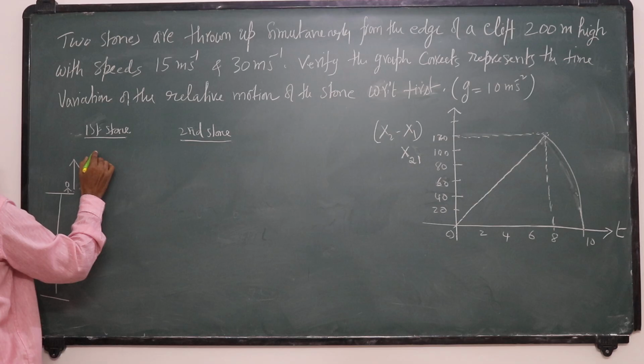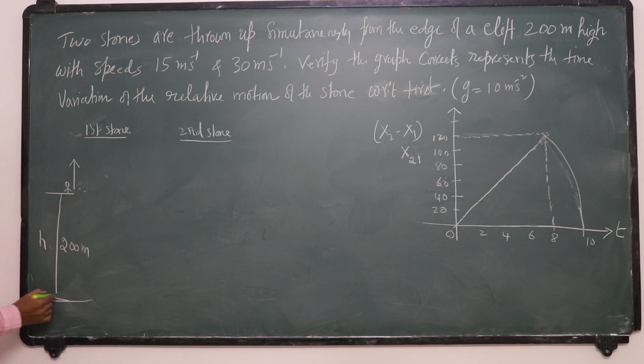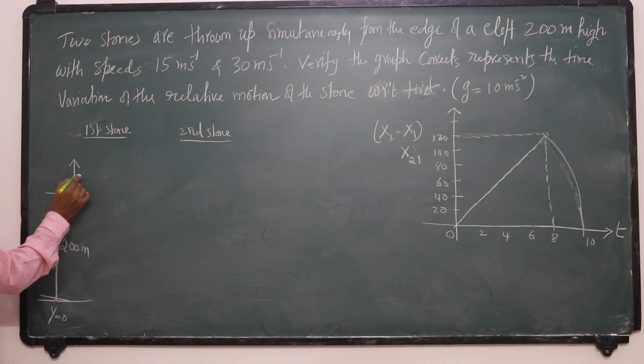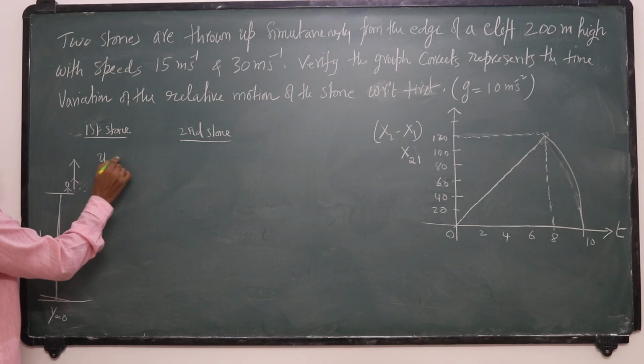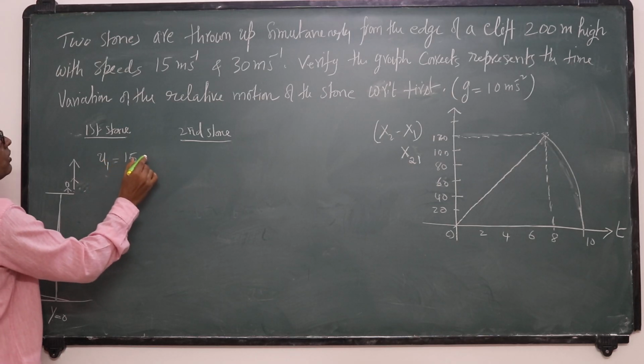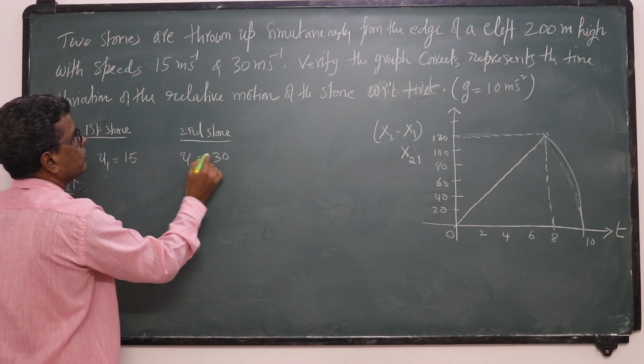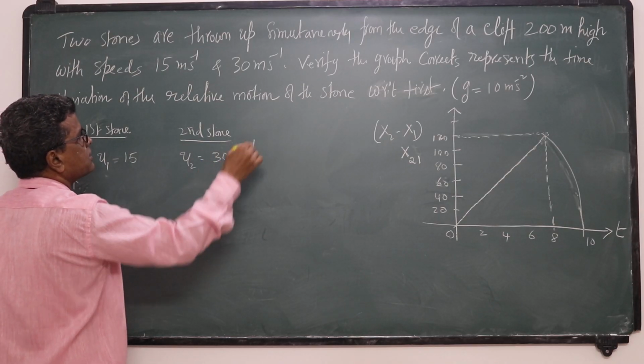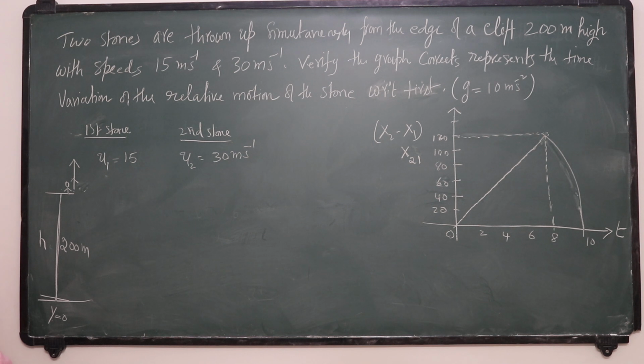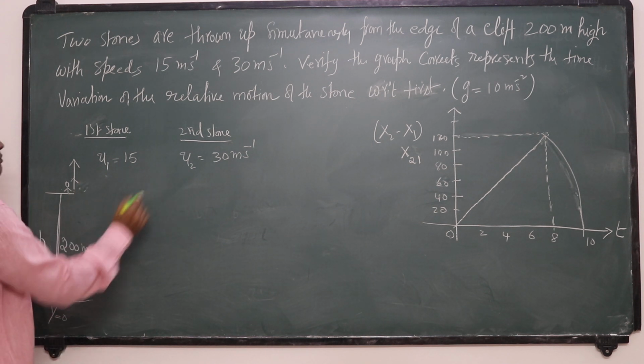What are the initial positions? You take this one as the initial position. Let it be y is equal to 0. This one you take as y1 or y0. So the initial velocity u of the first stone is 15. The second stone is 30 meter second inverse. So the initial positions are the same.